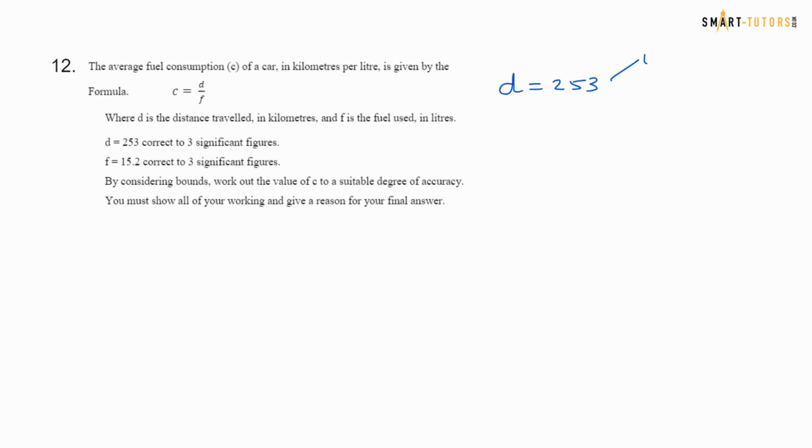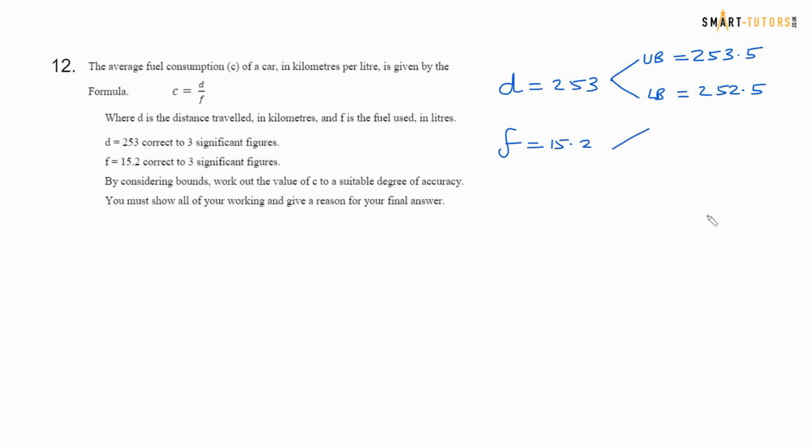So the D upper bound is 253.5 and D lower bound is going to be 252.5, and F is given 15.2.